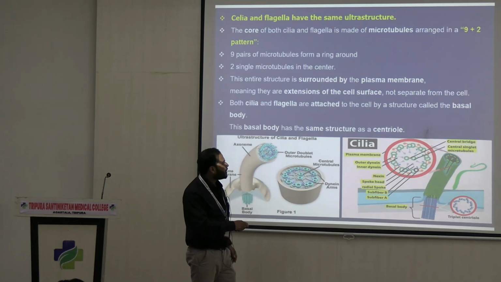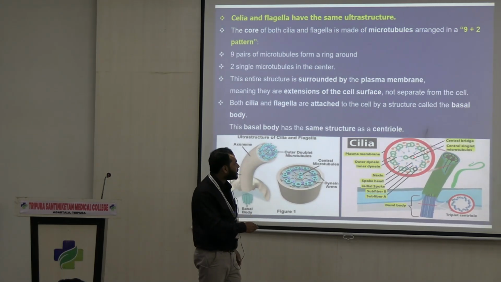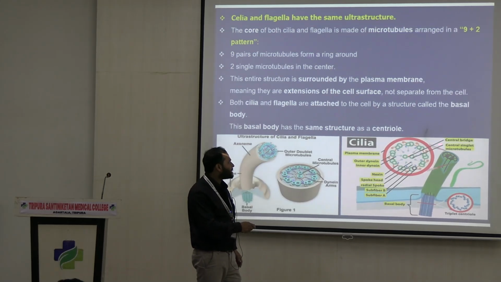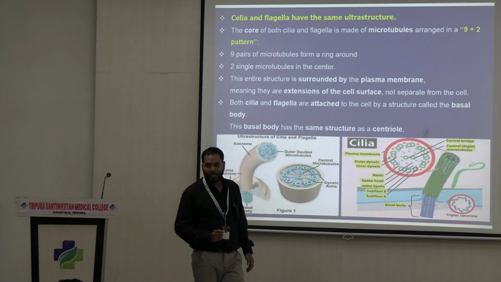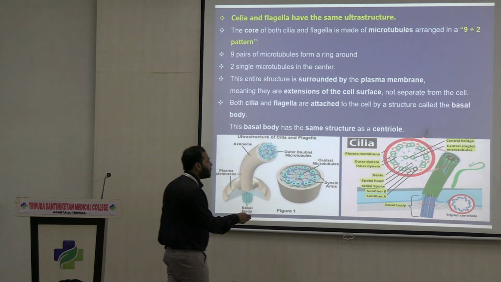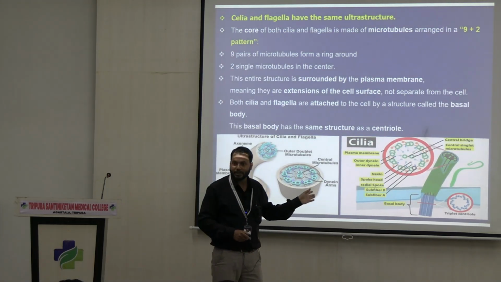These are called the dynein motor protein, right? Other than this, there are connections between the central microtubules, and that central connection is called the central bridge. So this is the general structural organization of the microtubules present in the ciliary structures.